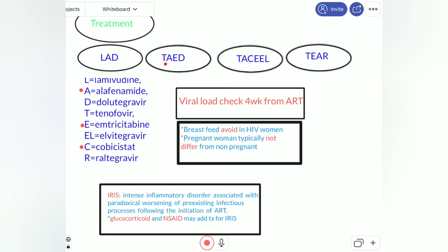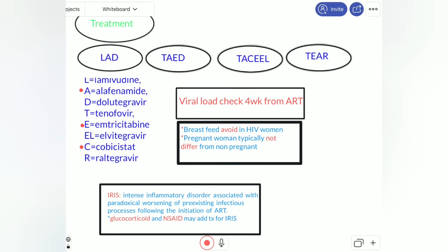Tide is T, tenofovir, A, alafenamide, E, emtricitabine, D, dolutegravir. Tassel is T, tenofovir, A, alafenamide, C, cobicistat, E and EL, E emtricitabine, EL elvitegravir. Tear is T, tenofovir, E, emtricitabine, A, alafenamide, R, raltegravir.